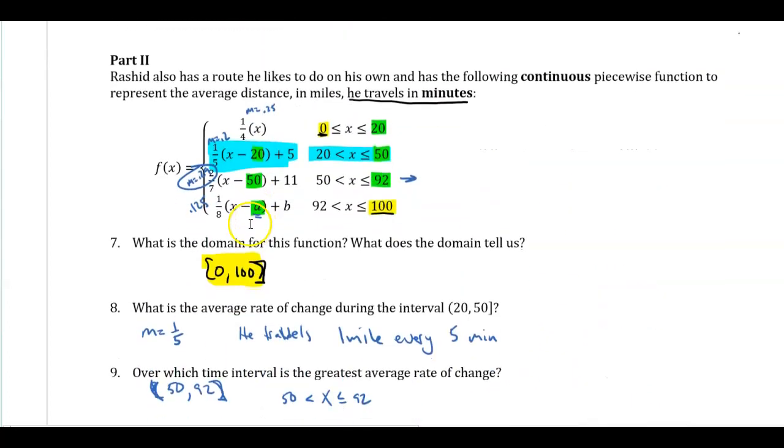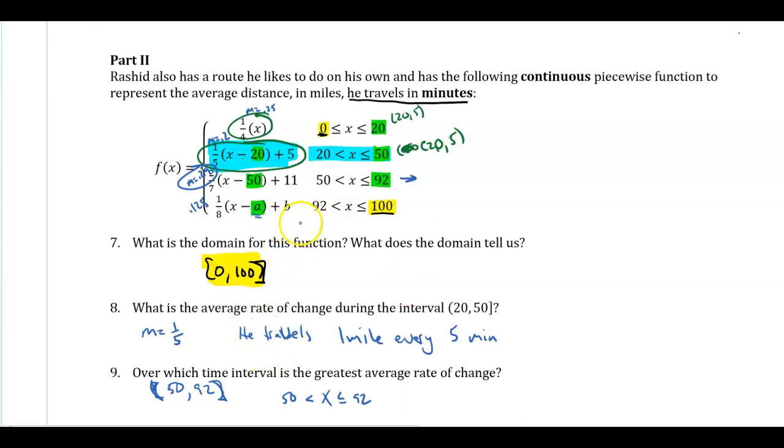Now to find b, if I plug 20 in here, 20 minus 20 is 0, 1/5 times 0 is 0, plus 5. 1/4 times 20 is 5. So where this function ends, this function begins. So this would be 25, which means this is also going to have 25 as your starting point.